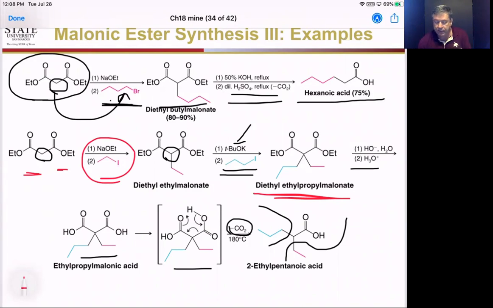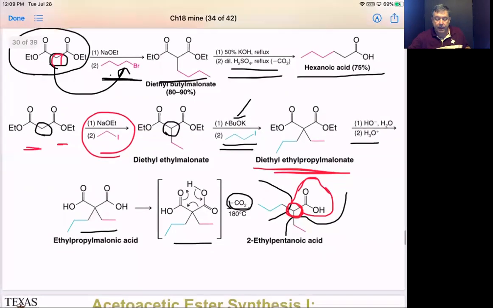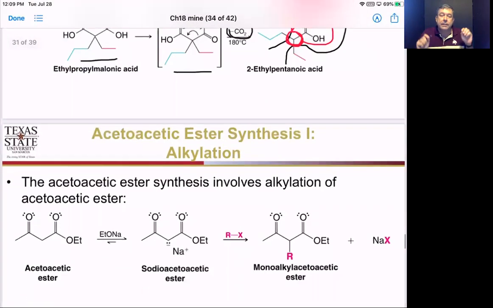And notice that this is our alpha carbon from our original material and our carboxylic acid from our malonic ester here. And the other 2 groups were added stepwise. So they can be the same thing or they can be different things, okay? But the key here is in the malonic acid ester synthesis, you generate a carboxylic acid from whatever your alkyl halides were, okay?